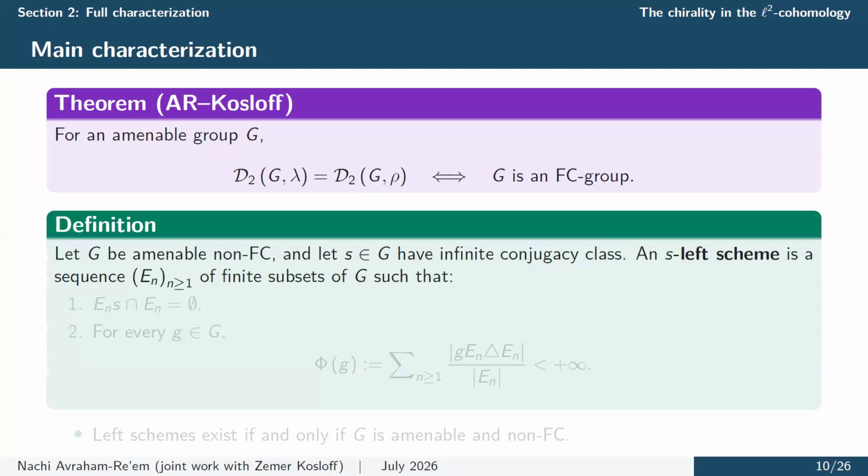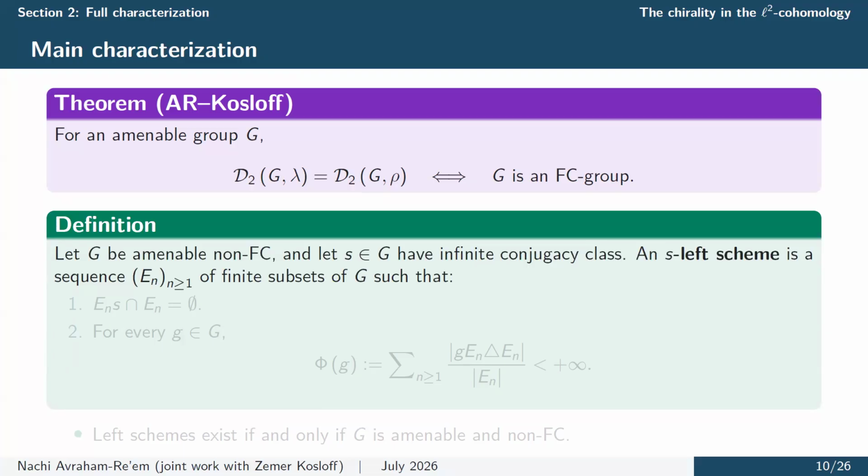So let me make a definition. Let G be an amenable group and assume it is not an FC group. It means that there is some element, call it S, which has infinite conjugacy class. So a left scheme, or S left scheme, is a sequence of finite subsets of G with the following properties.